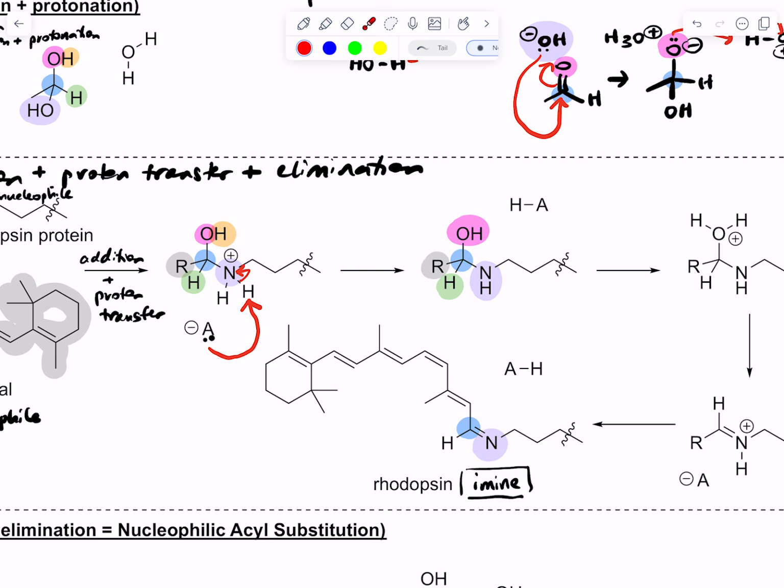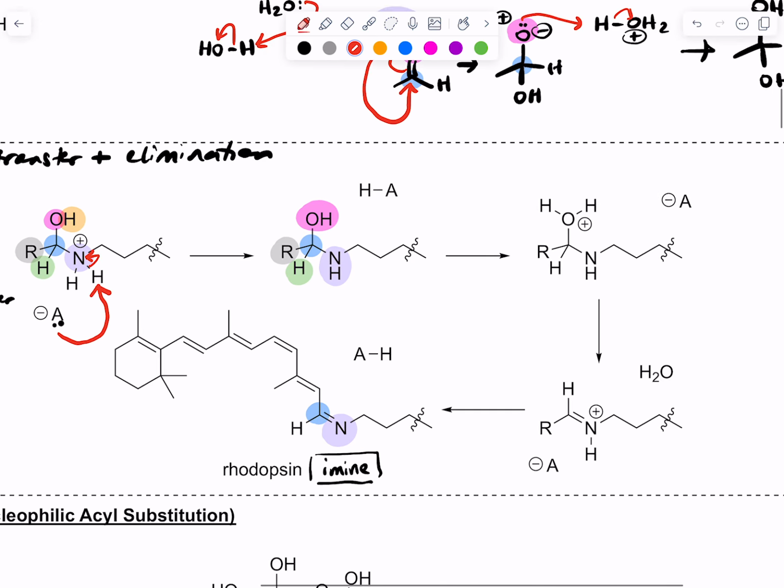So what nature's going to do, if you compare to where we're going, look and see that OH minus has become ROH2 plus. How did that happen? We took lone pairs on the oxygen, we attacked the hydrogen, and we broke the bond to whatever in the acid the hydrogen was bonded to.